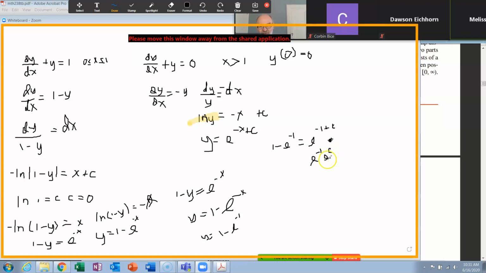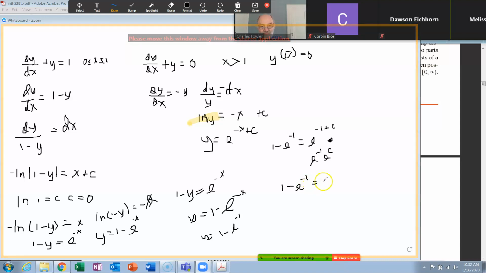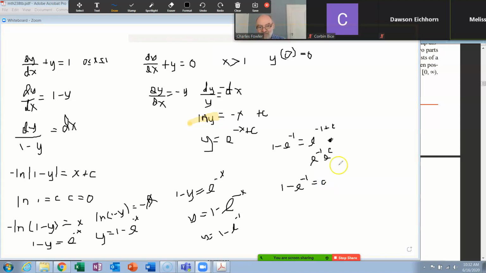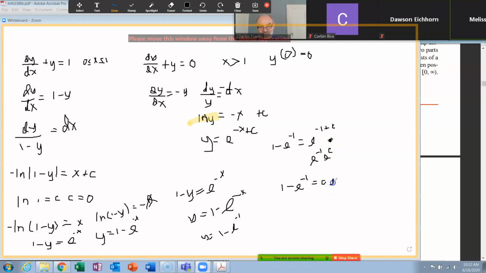So this is your new constant, okay, which we can call anything you want to. So we have 1 minus e to the minus 1, that's your y value when x equal 1, is equal to, let's call that c. C e to the minus 1.